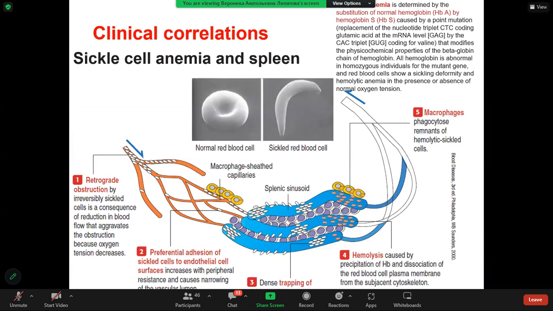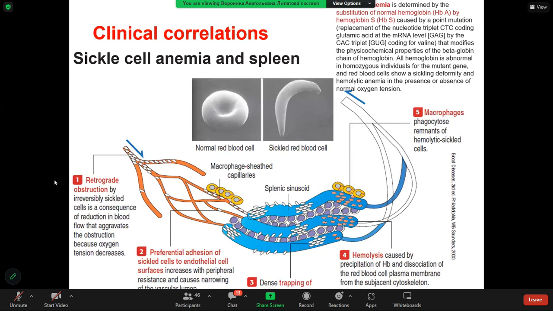About the clinical correlations in sickle cell anemia in the spleen, it's hemolysis by macrophages in the spleen. This is a hereditary disease. Hereditary disease.